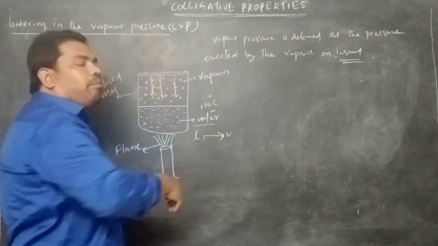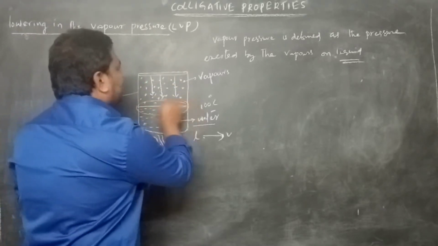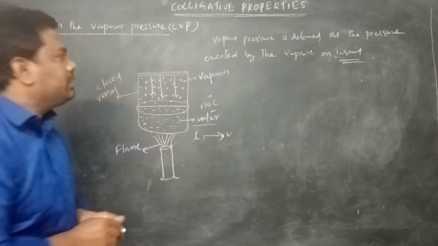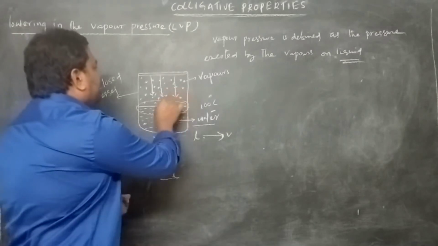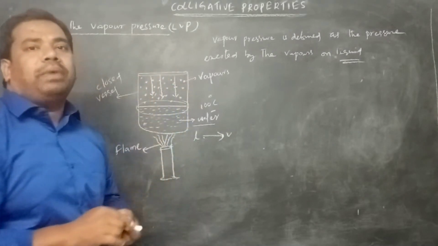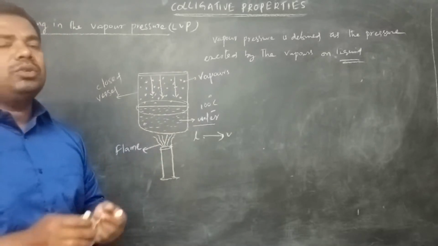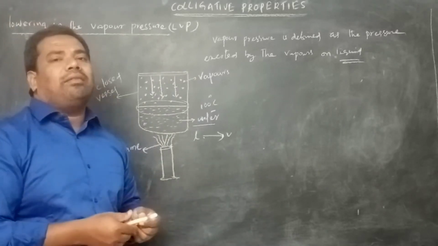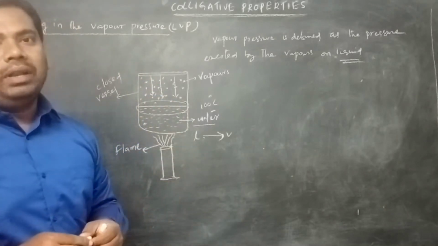So they exert some pressure. The pressure exerted by the vapors on the liquid is called vapor pressure. Is it clear, students?